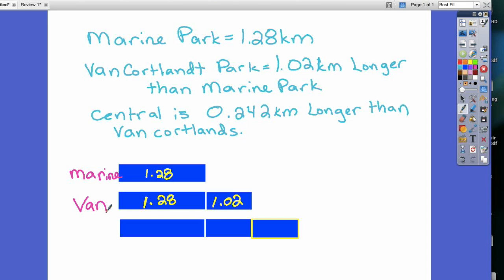And we know that Central is 0.242 kilometers longer than Van Cortlandt's. So if it's longer than Van Cortlandt's, wouldn't it also have these other two in here? Wouldn't it also have this? Right? It would, wouldn't it? So what's going to go in my last box?